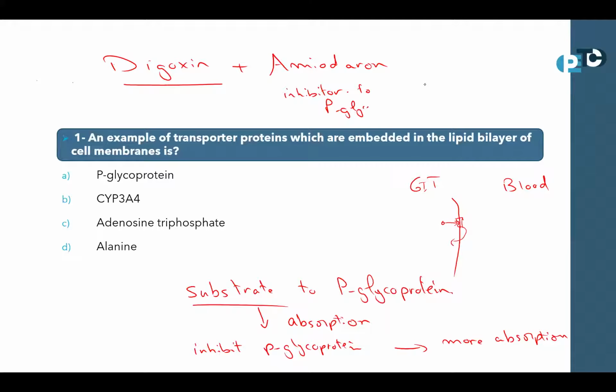So amiodarone here will inhibit the P-glycoprotein so that digoxin will be absorbed more and more, which may lead to more toxicity. Okay, this is about P-glycoprotein, so the right answer for this question is P-glycoprotein.